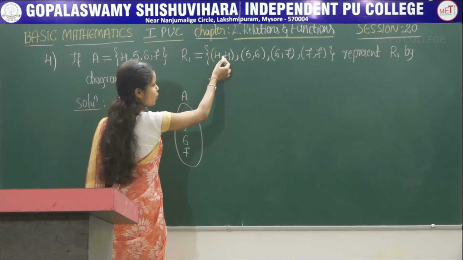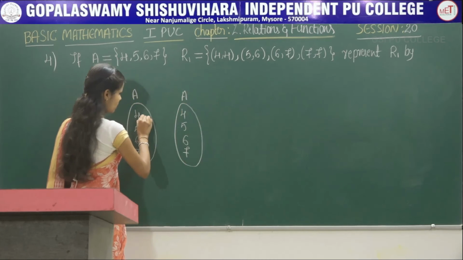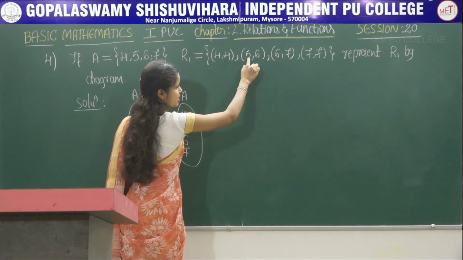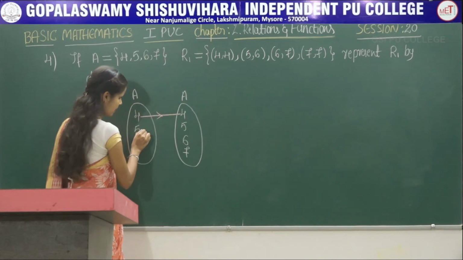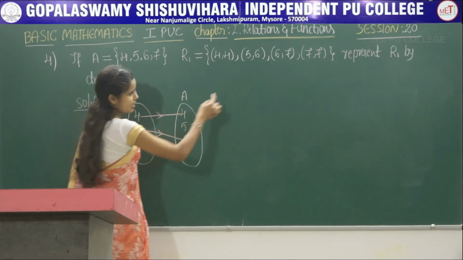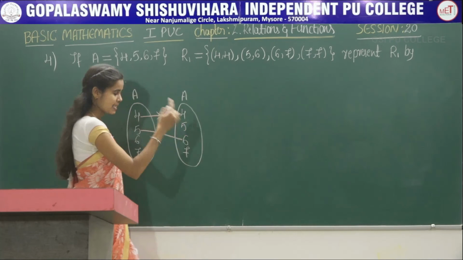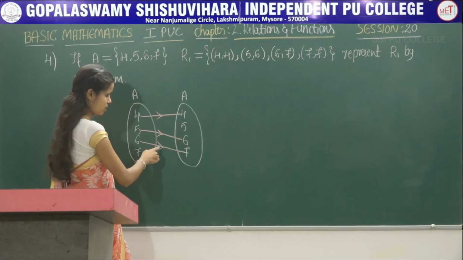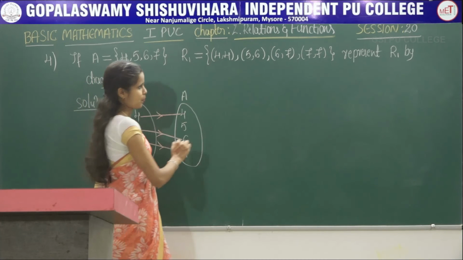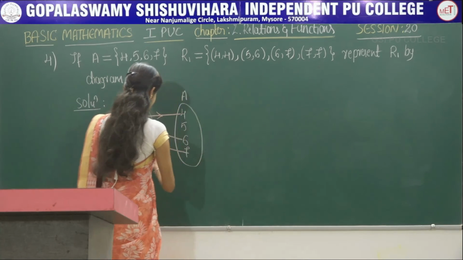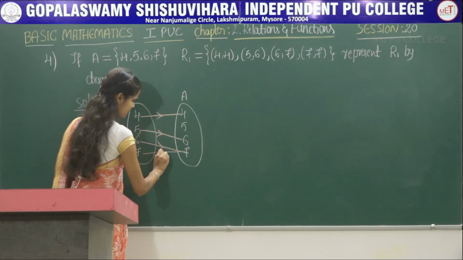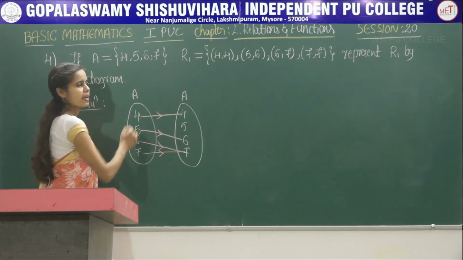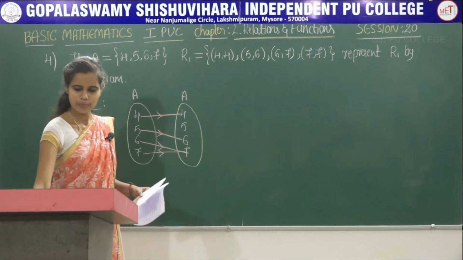Here (4, 4) means 4 is related to 4. Next, (5, 6) means 5 is related to 6. Next, (6, 7) means 6 is related to 7. Next, (7, 7) means 7 is related to 7. This is the arrow diagram for relation R1.